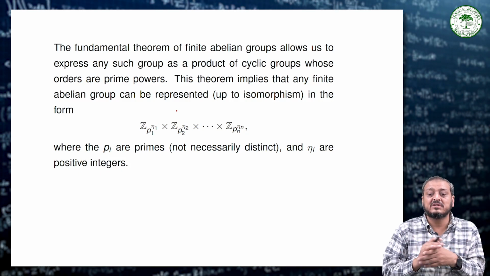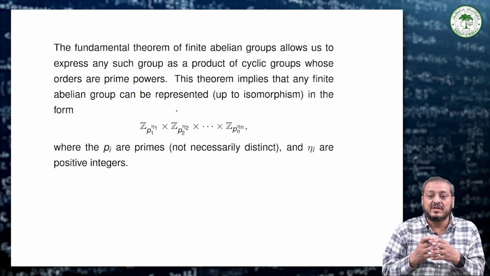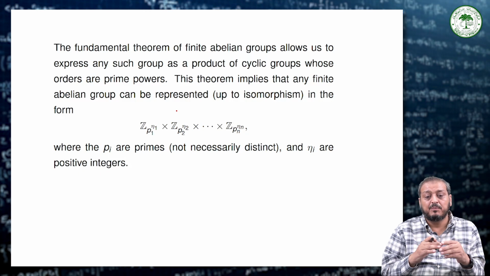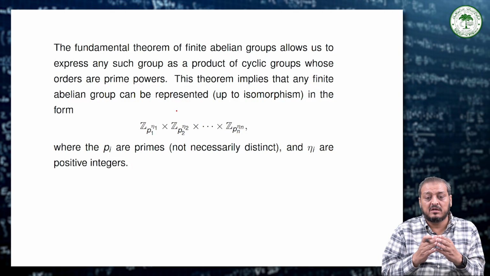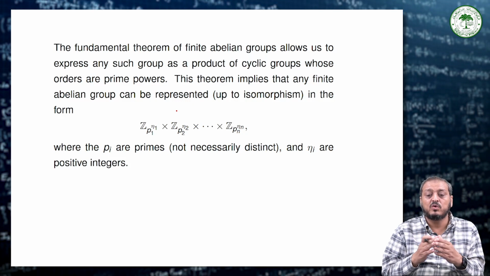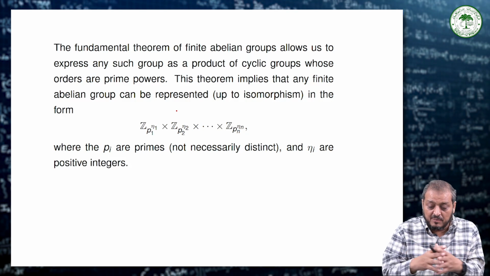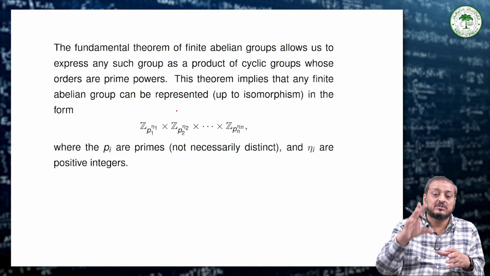This theorem implies that any finite abelian group can be represented, up to isomorphism, in the form of Zp1 to the power e1 plus Zp2 to the power e2, and so on, where the pi are primes, not necessarily all distinct, and the exponents are positive.